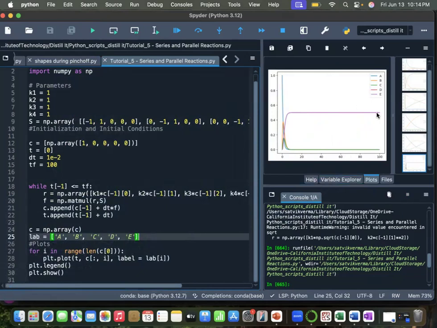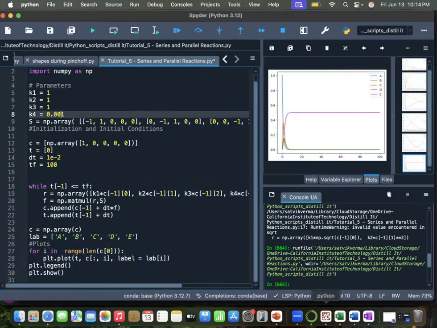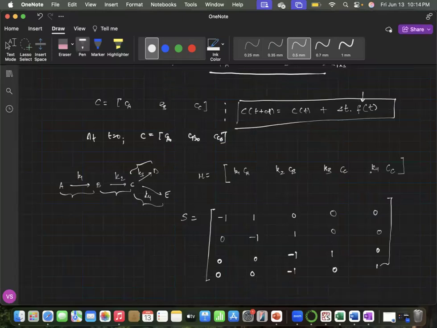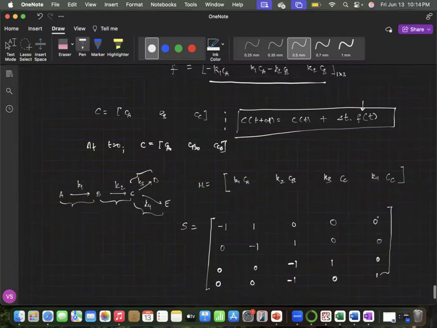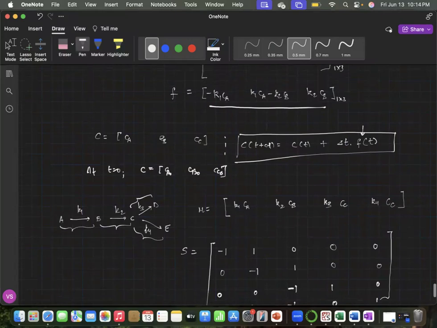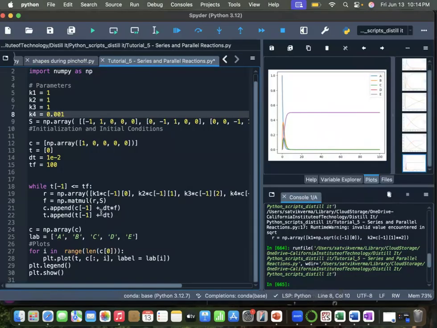And the main thing that we see over here is that eventually probably it's D and E. I think D and E are forming the same way, but let's say we reduce the rate of the fourth reaction greatly, which is C to E. So we would probably see less of E being formed. And let's just see that over here.